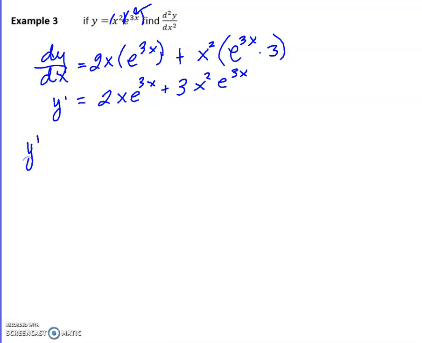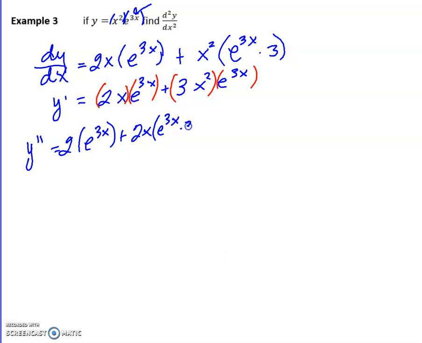Let's do y double prime. I've got two product rules now. I've got this guy and this guy. All right, let's do it again. So I've got derivative of the first, 2 times the second, e to the 3x, plus first times the derivative of the second, e to the 3x times 3.